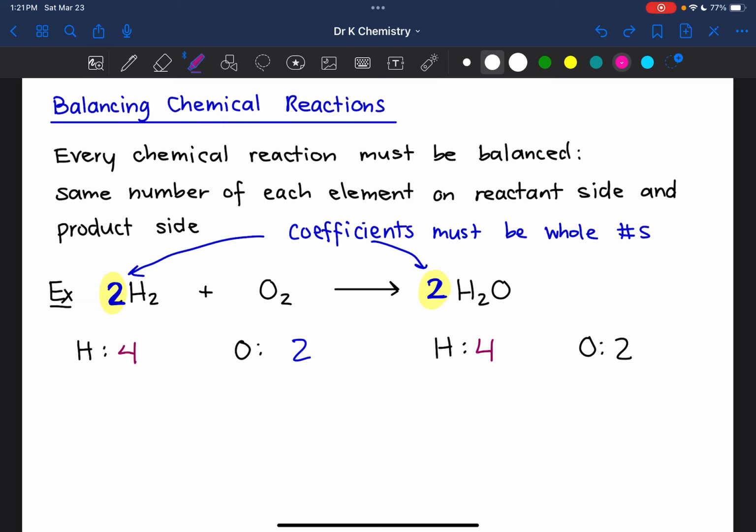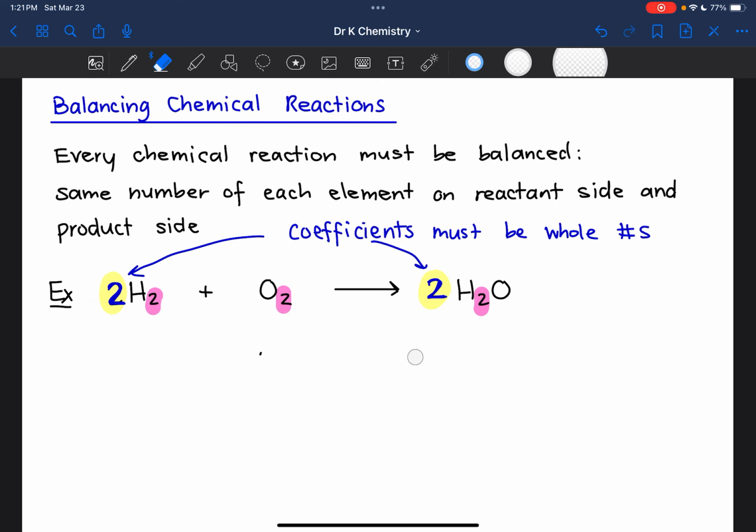The little numbers that I am highlighting in pink, those are what we call subscripts. And subscripts tell us how much of each atom is present in the formula.